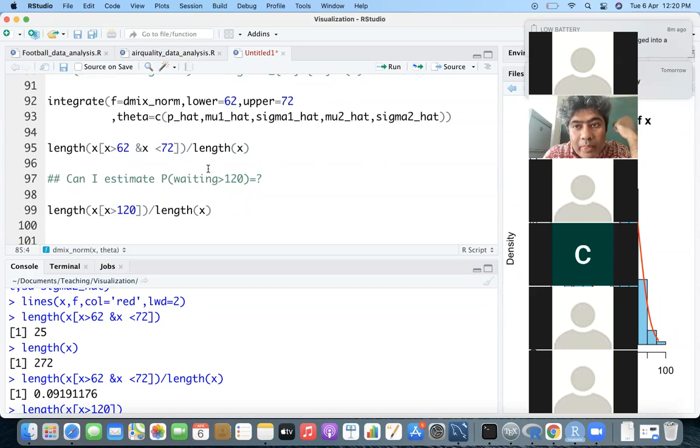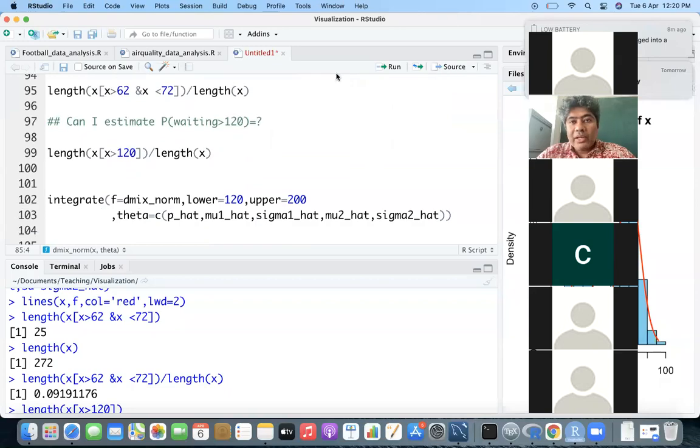Okay, sir. Yeah, thank you. So this was definitely a very good question. I mean, what is the purpose of fitting this model? All right. So any other question?